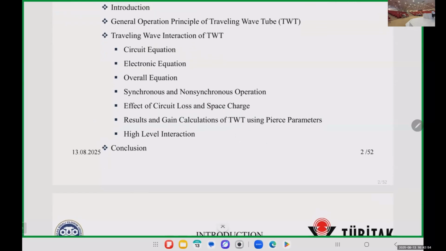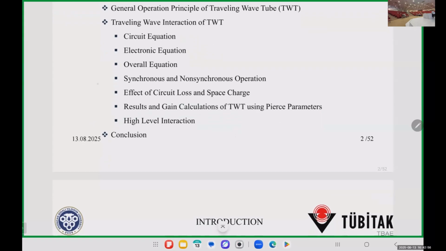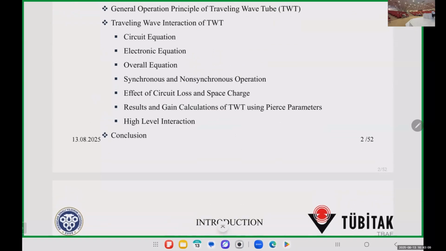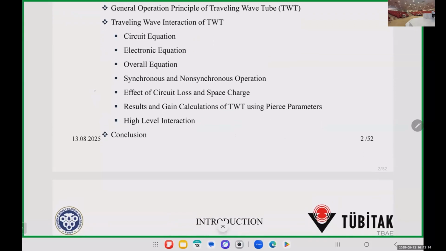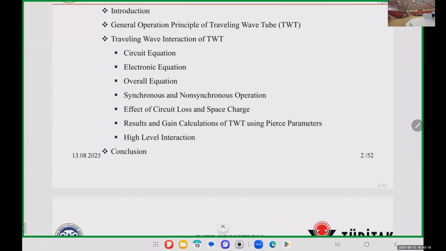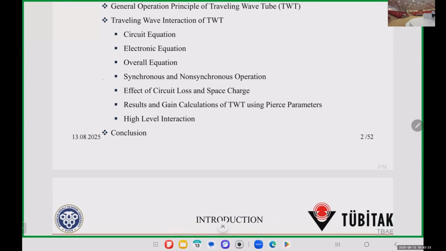And if we assume some differential incremental propagation constants, we can obtain a polynomial equation, a quadratic polynomial equation. Then we can solve it, and then we can discuss by using these equations.